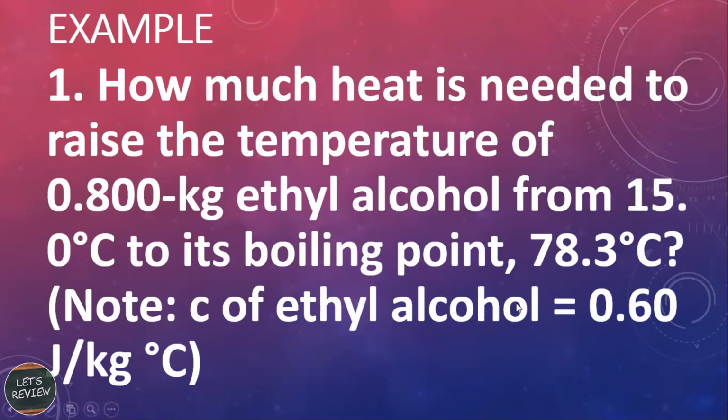We also have the temperature, 15.0 degrees Celsius, and its boiling point is 78.3 degrees Celsius. And you have to take note of its specific heat, which is 0.60 joule per kilogram degree Celsius.